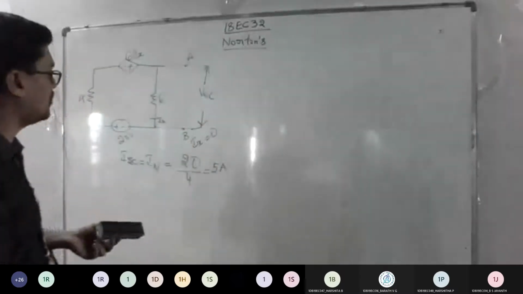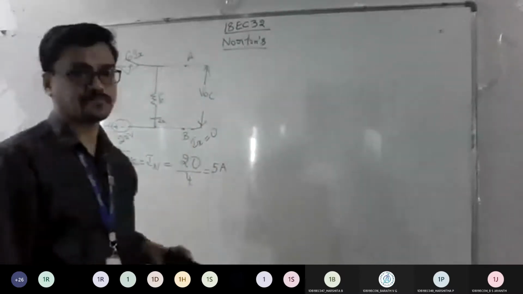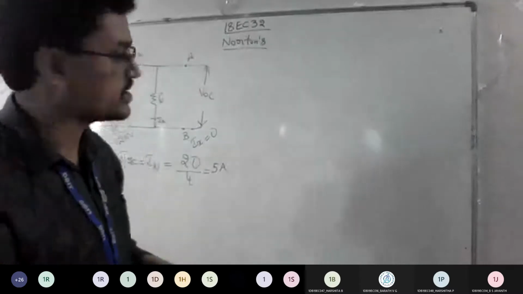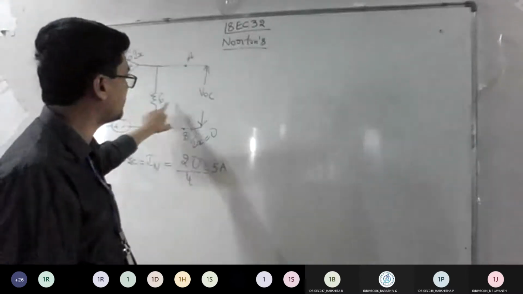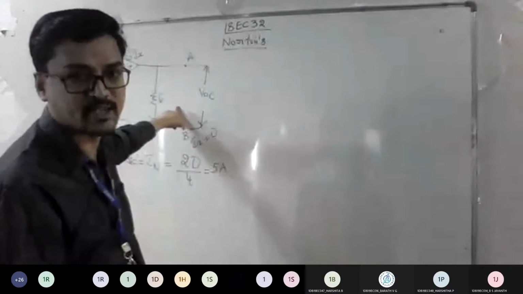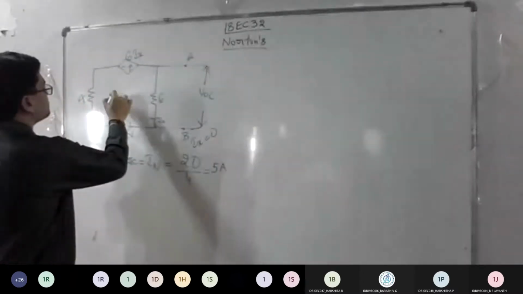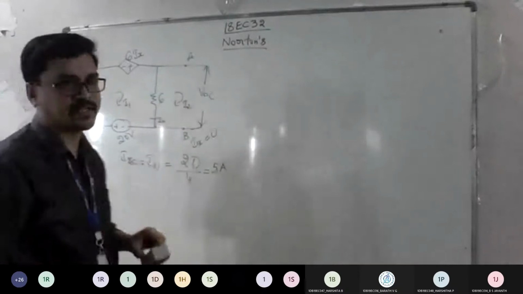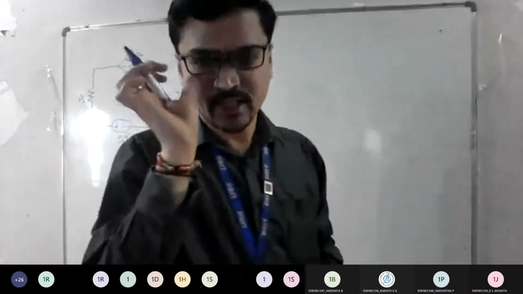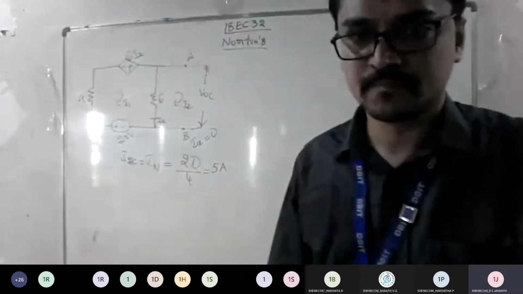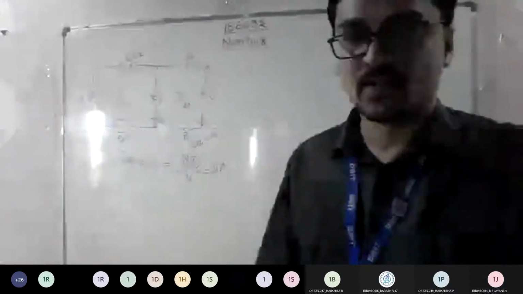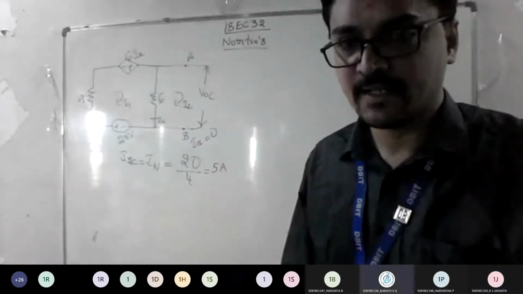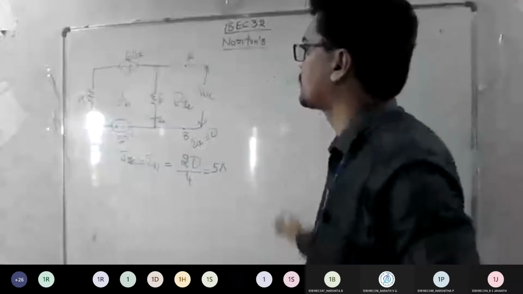So now apply the logic. If I say nodal analysis, only one node is there. If you go mesh analysis, only one mesh is there because the second mesh current is 0. Even if you consider I1 and I2, what is I2 equal to? 0. So Ix can be treated as I1 only. So apply mesh analysis now.